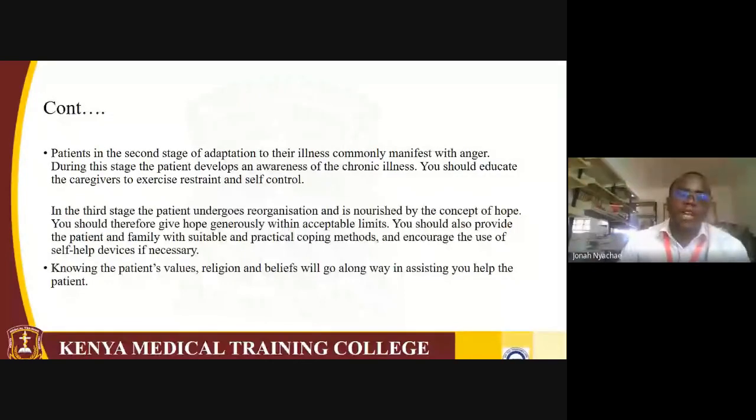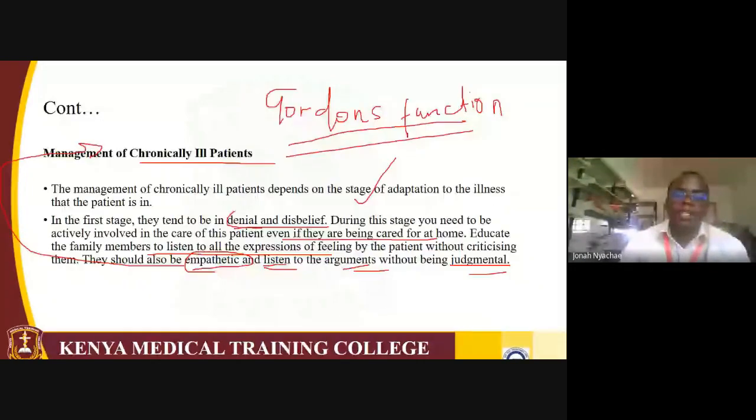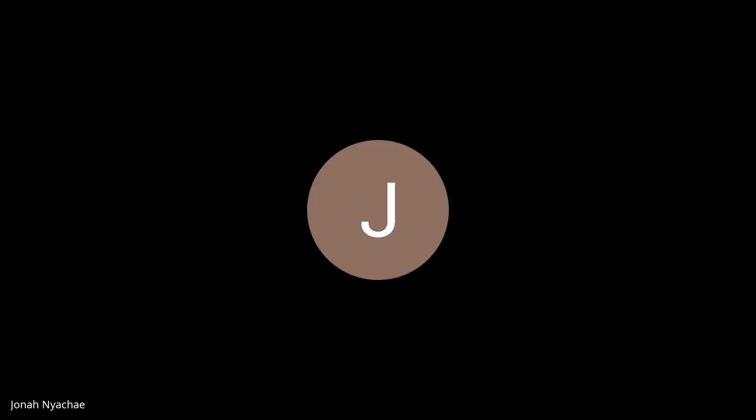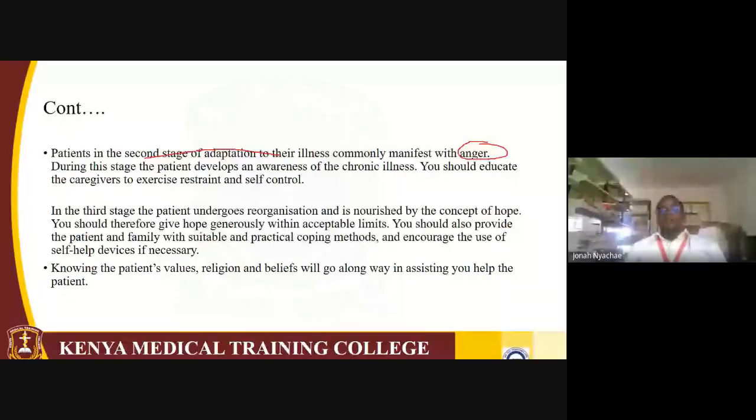The patients in the second stage of adaptation manifest what? Anger. The first ones are in disbelief and denial. Even if somebody walks up today and tells you, my friend, I've run your test, you have a fourth stage tumor, I can tell you it is not an easy message to bear.